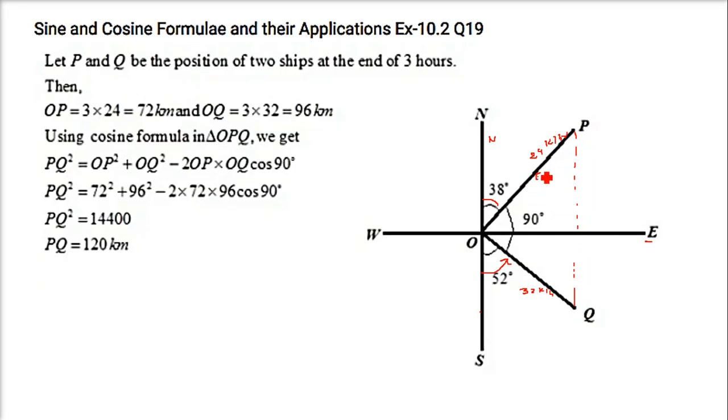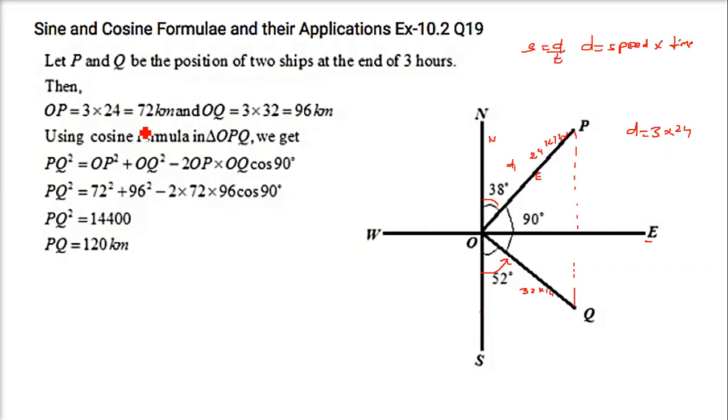So in these 3 hours, how much has this ship traveled? We know that speed equals distance by time, so distance will be speed into time. So what is the distance d1? This d1 will be simply 3 hours and 24 the speed.